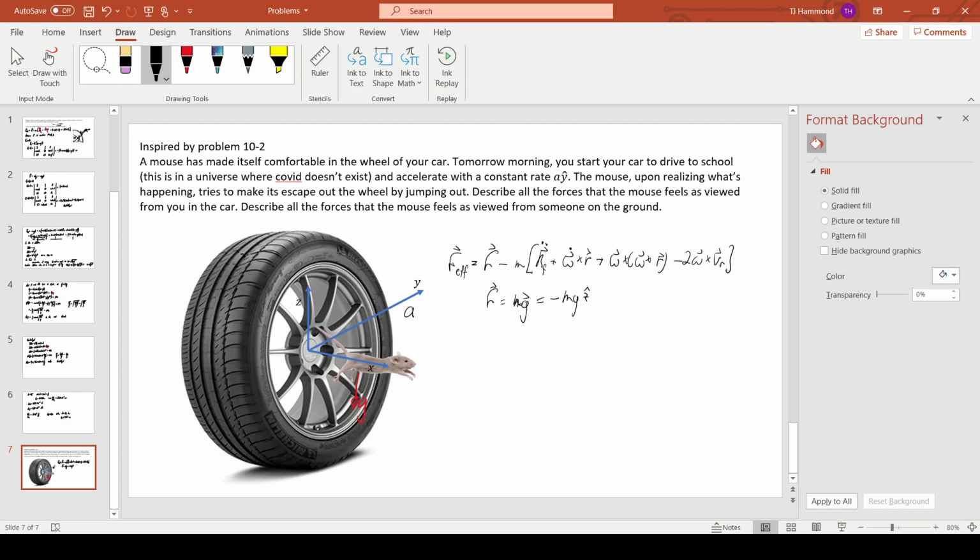as viewed from you in the car, that means that you are standing here in the same frame as this accelerating wheel, right? So this wheel is obviously going around with this angular velocity omega, but you're accelerating in this frame.